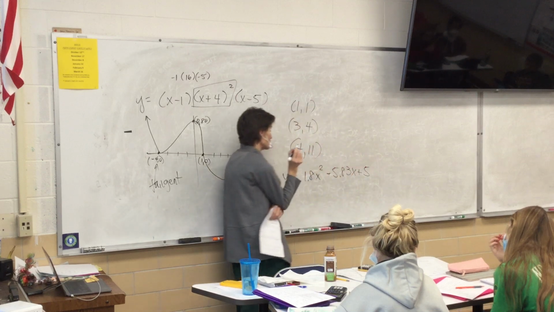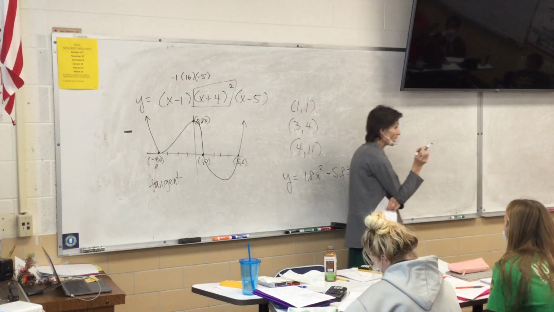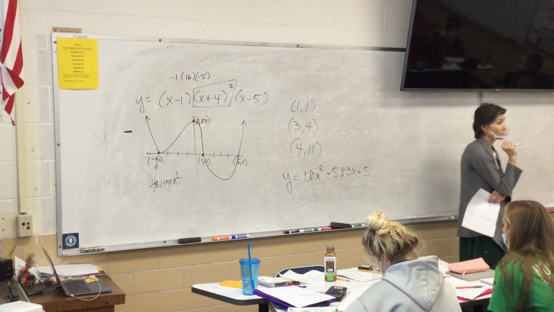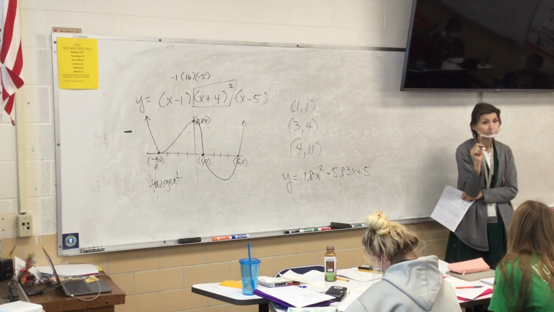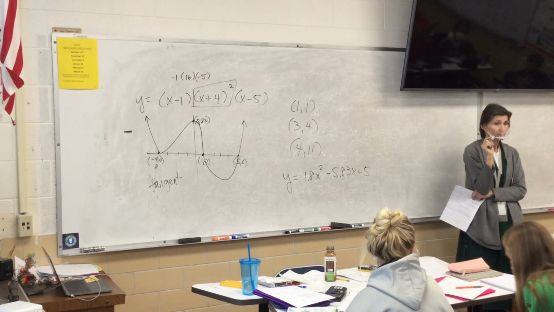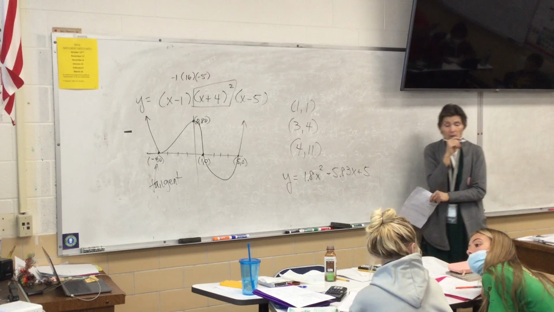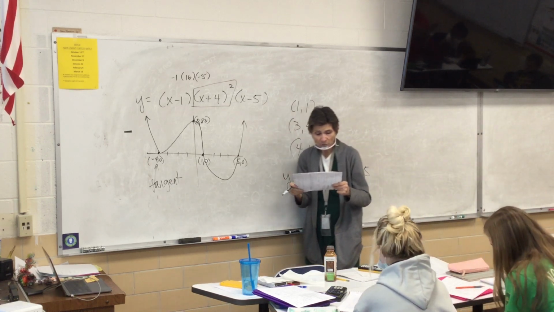Okay. So there's the equation that came out. If you don't know what we're talking about, you need to come in for office hours, or you need to find a friend. Okay? We already went through all this. Once we get that equation, then we can answer the question.